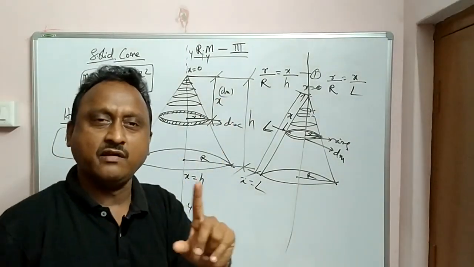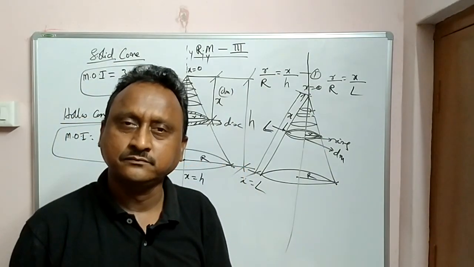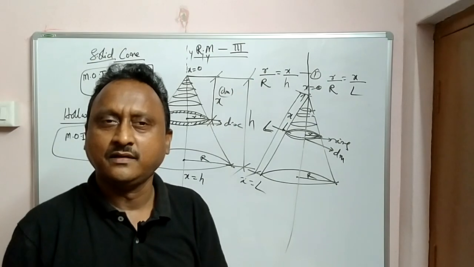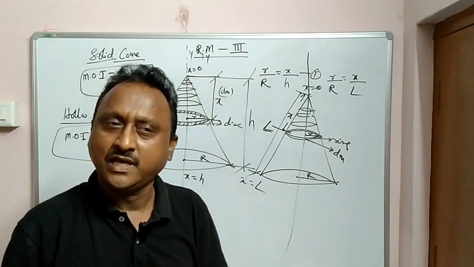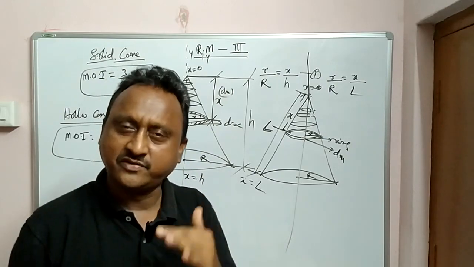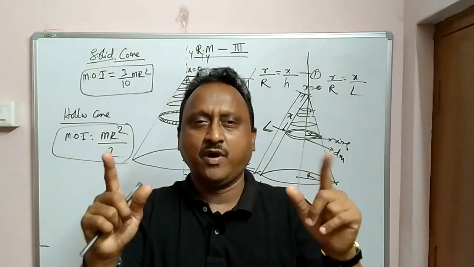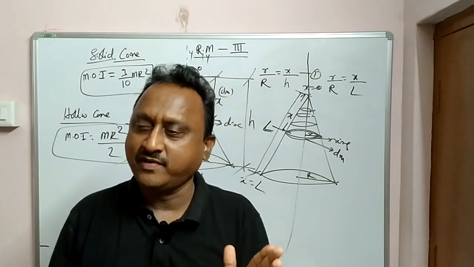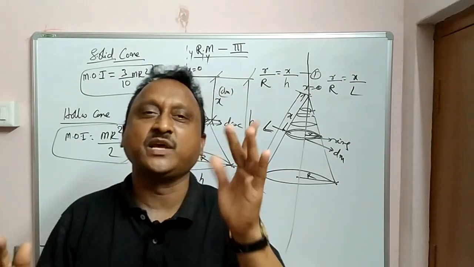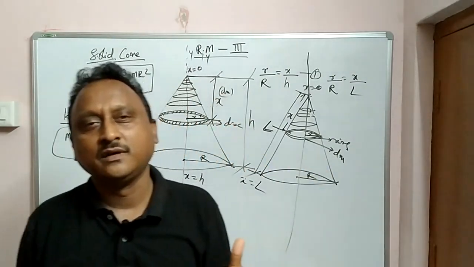Okay? So till now we have discussed moment of inertia of a uniform ring: mr square about one end, 2 mr square, about diameter, mr square by 2. In the same fashion, uniform disc: mr square by 2, about one end, how much? Mr square plus mr square by 2 equals 3 by 2 mr square. About diameter, mr square by 4.